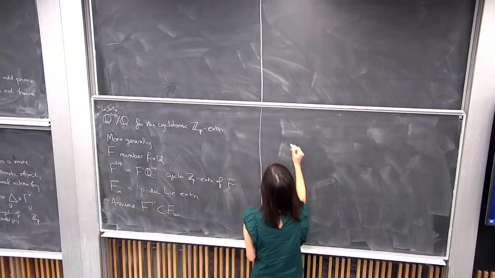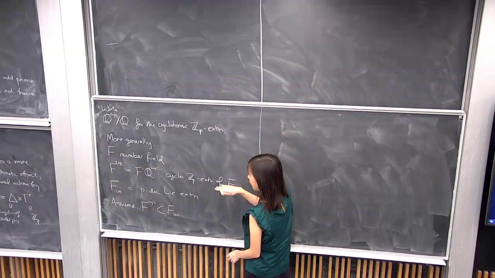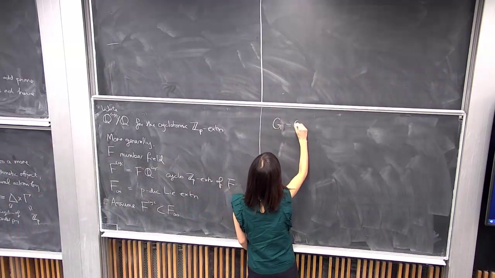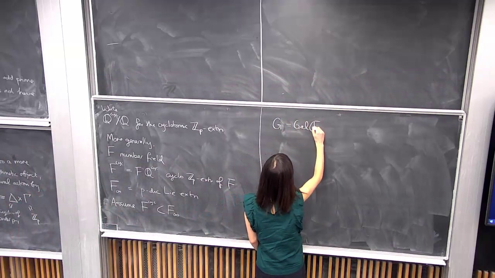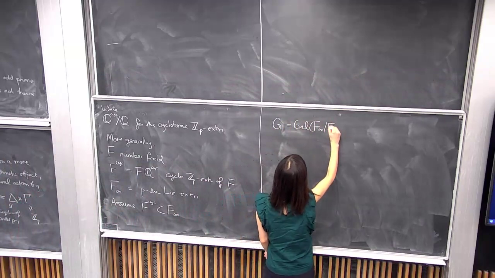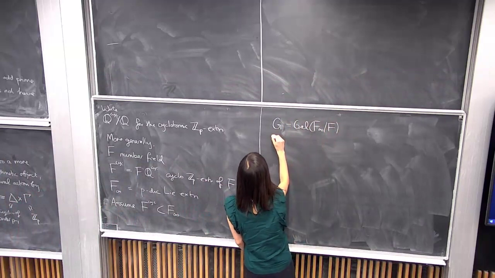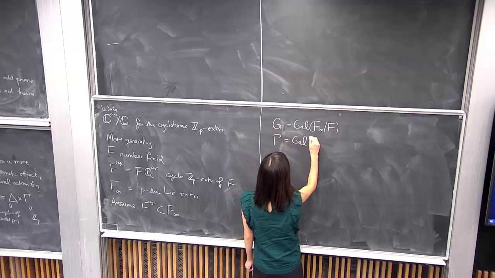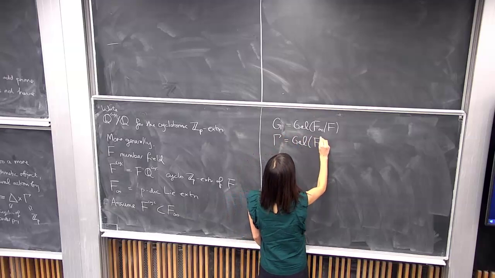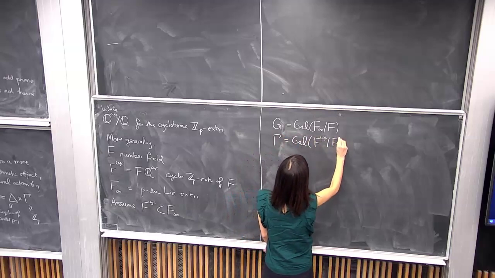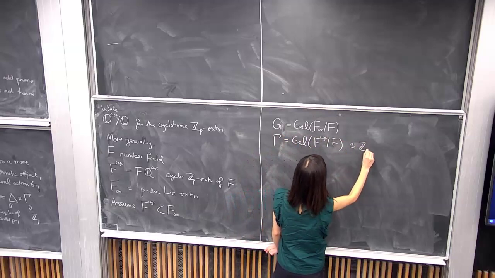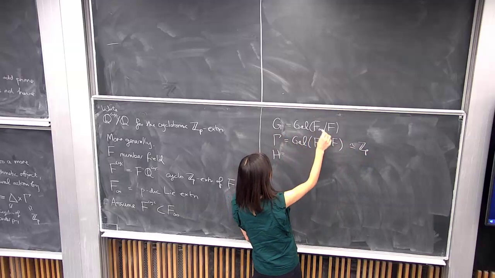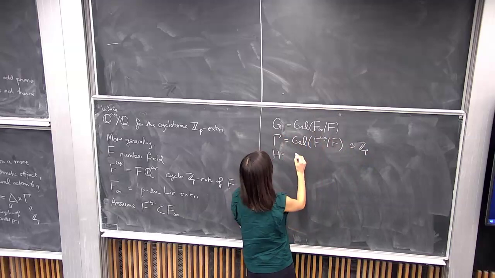So I'll write G for the Galois group of F_infinity over F, and I'll write Gamma for the Galois group of the Z_p extension F^cyc over F. And I'll write H for the Galois group of F_infinity over the cyclotomic F^cyc.